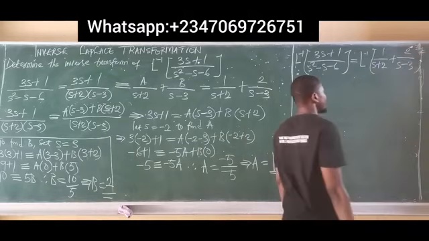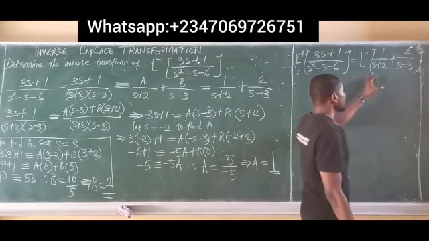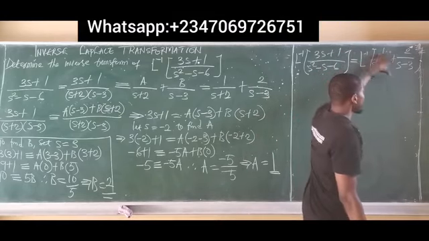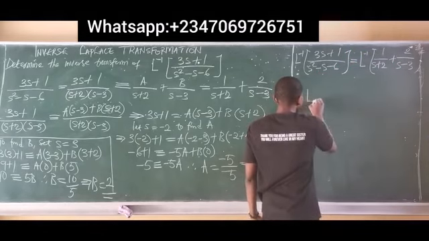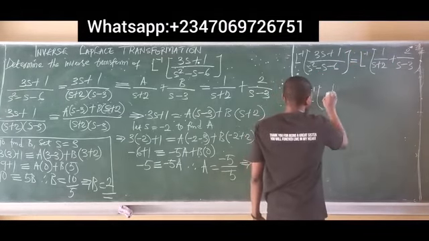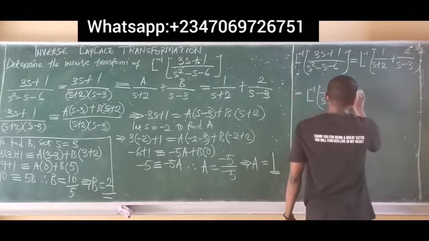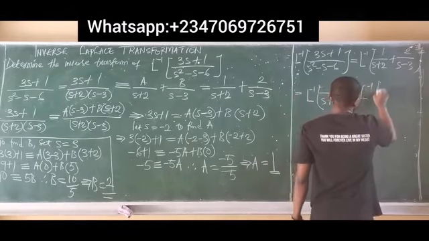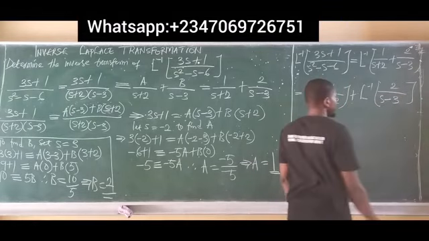You have something like this. Now, if you have this, then you can now find what? If you expand the brackets with this Laplace inverse, this is the Laplace inverse of the first term, 1 all over s plus 2, plus the Laplace inverse of the second term, 2 all over s minus 3.